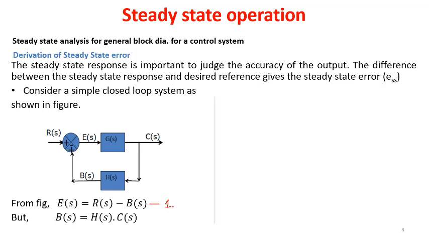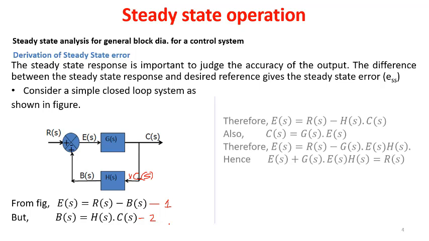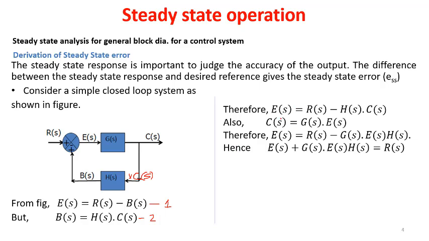Similarly, B of S, output from the feedback block, is equal to H of S into C of S, the output taken from the controlled signal C of S. So this is equation number 2. Therefore, E of S will be equal to R of S minus H of S into C of S. So this will be our equation number 3.